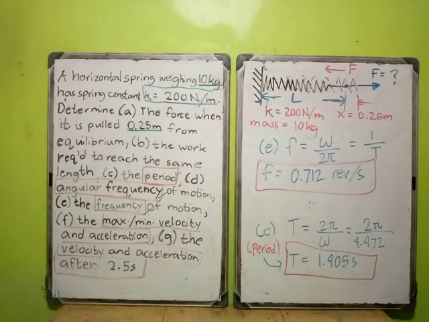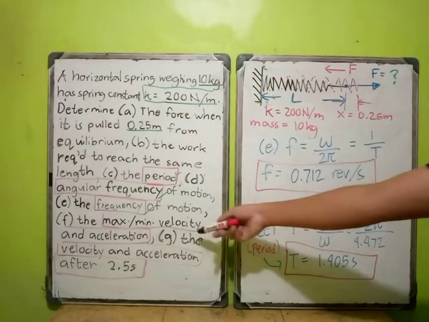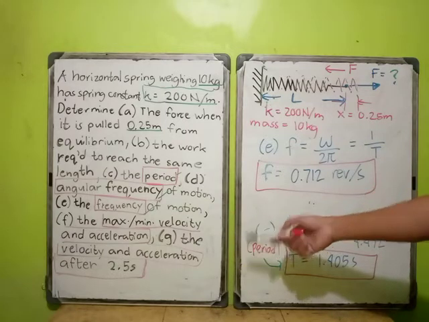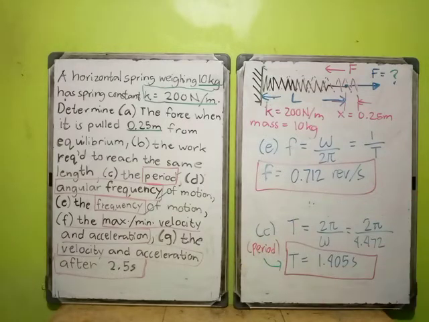So, here. So, what is the maximum or the minimum velocity? Okay, sa F tayo. So, the maximum minimum velocity and acceleration. Okay. So, from the previous video again, nandun din yung formulas. Actually, nasa part 2 yung mga formulas.